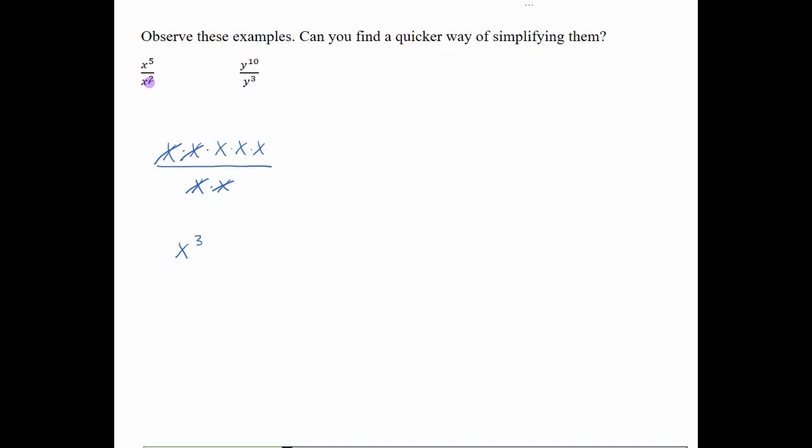In fact, we subtract the bottom number from the top number in the exponents. So we could write this as x to the 5th minus 2, which becomes x cubed. Let's apply that here. That'd be y to the 10 minus the exponent on the bottom. So y to the 7th. A lot quicker than writing it all out in expanded form.